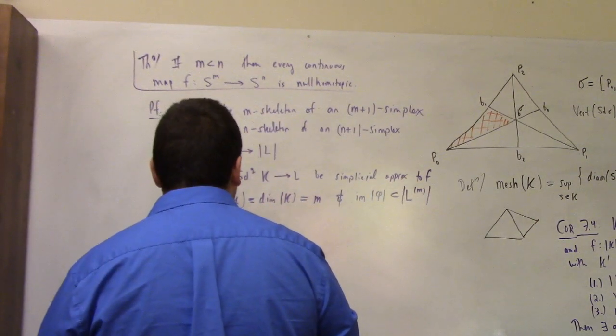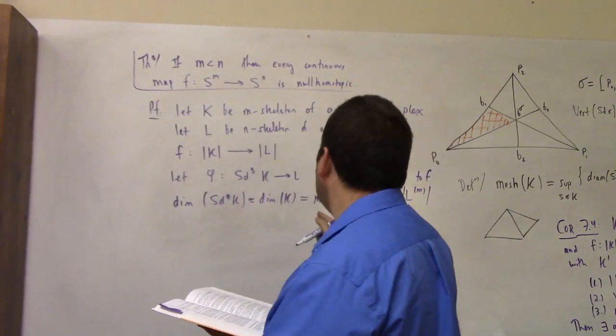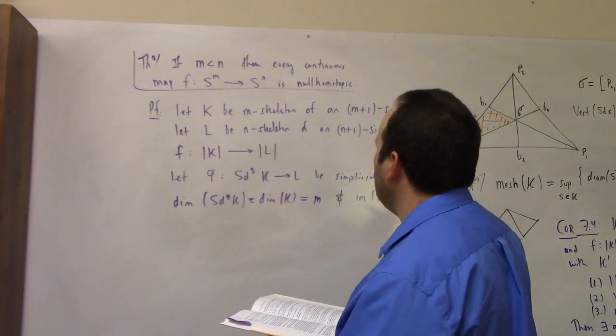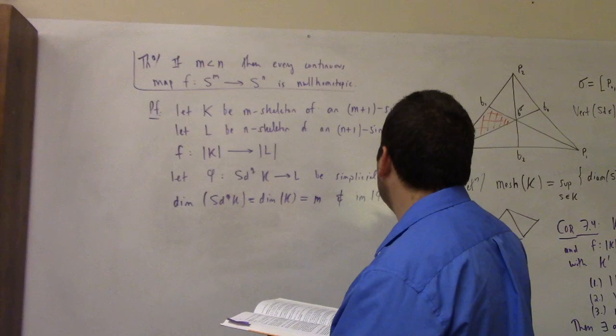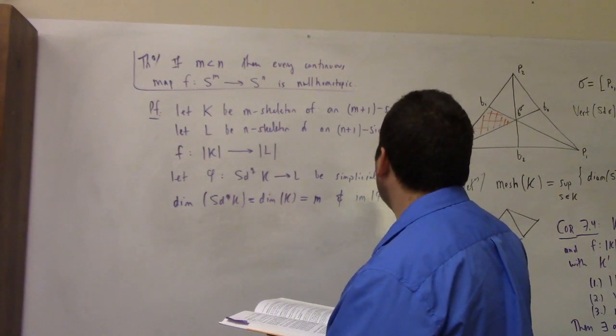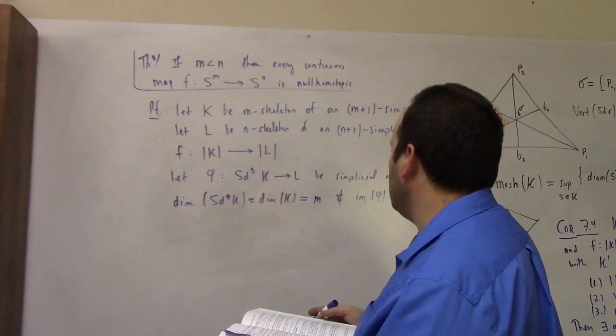Why is that? We're assuming m is less than n, right?